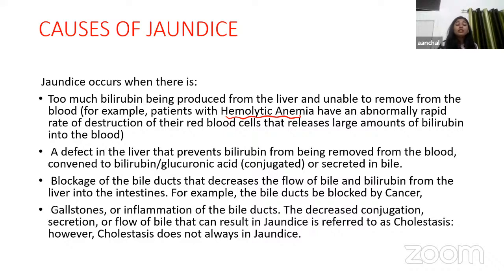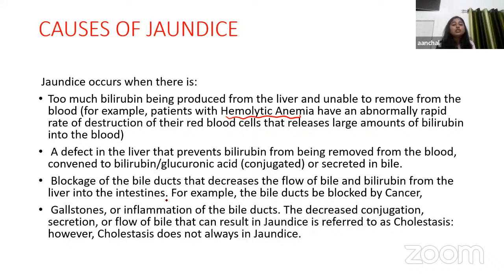Then the second cause is a defect in the liver that prevents bilirubin from being removed from the blood and converted to bilirubin glucuronic acid, that is, conjugated or secreted in bile. So this is the second cause. And third, there is blockage of the bile duct that decreases the flow of bile and bilirubin from the liver into the intestine. For example, the bile duct may be blocked by cancer, by a gallstone, or by inflammation of the bile duct.